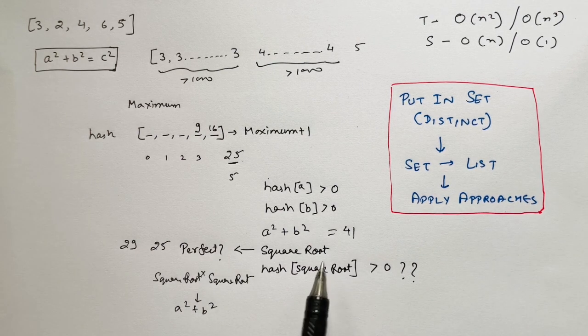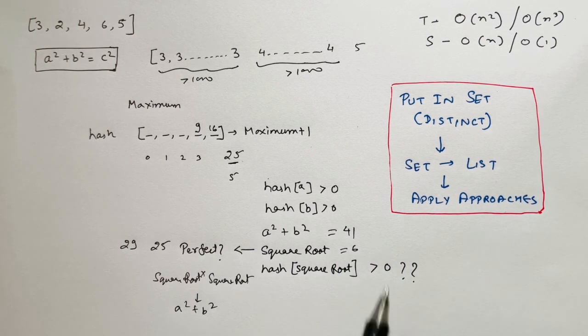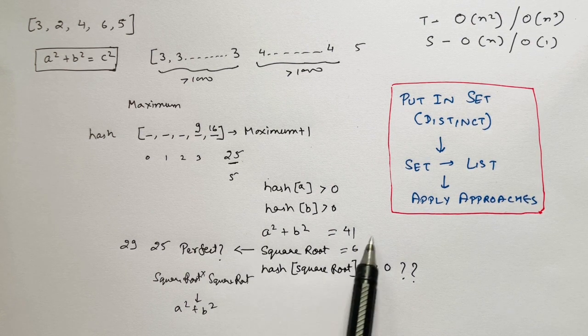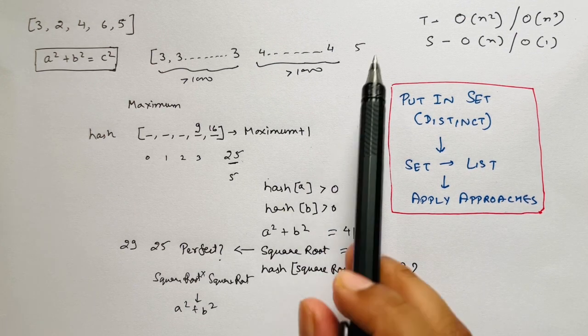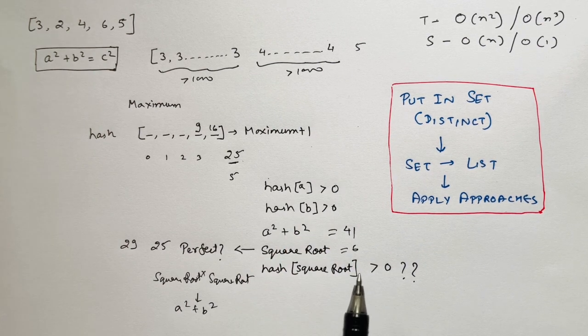If we compute its square root and store that in an integer, it will come down to 6. But now if we do 6 into 6, it comes to 36 and not 41. Therefore, we can conclude that this was not a perfect square. And if this is not a perfect square, its value could not have been in the original array, because the original array is made up of only integers.